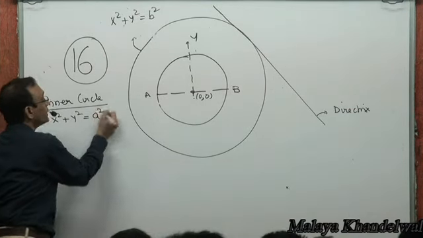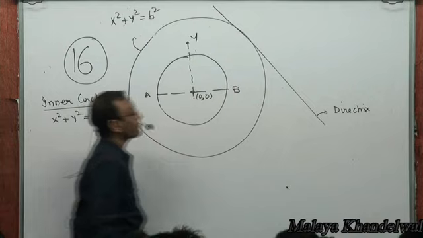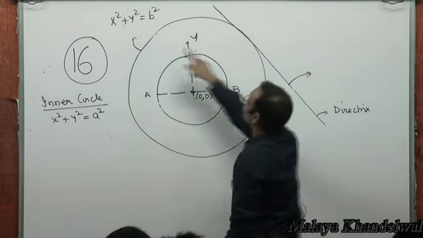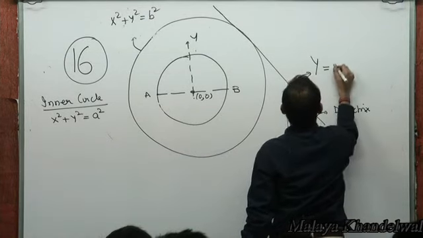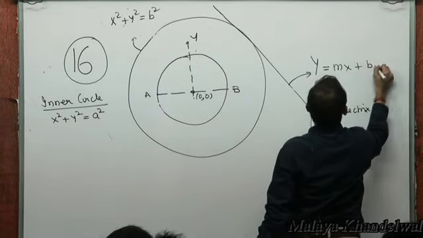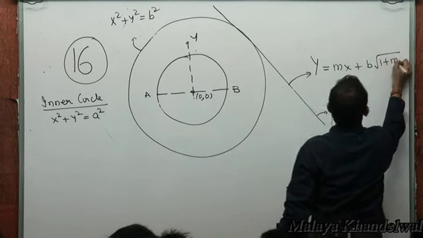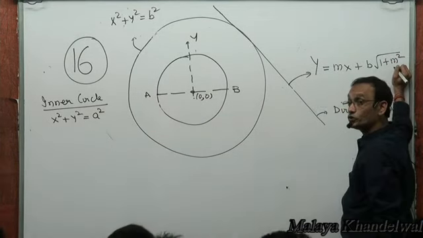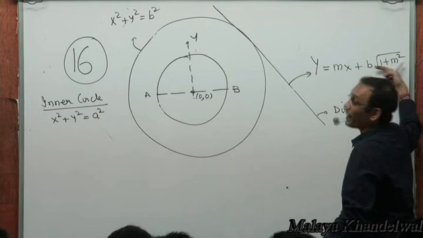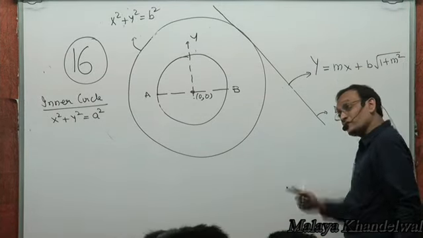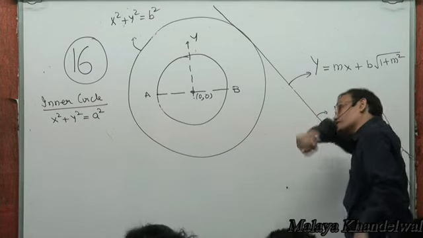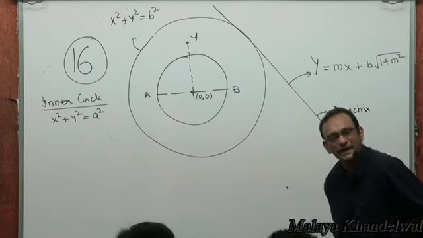Inner circle a squared, that's b squared, right? Now, any tangent to a circle x squared plus y squared equal to b squared must be of the form y equal to mx plus b root 1 plus m squared. Remember this? M is a parameter here. Different m's will give me different directrices, and therefore different parabolas passing through A and B. Clear?